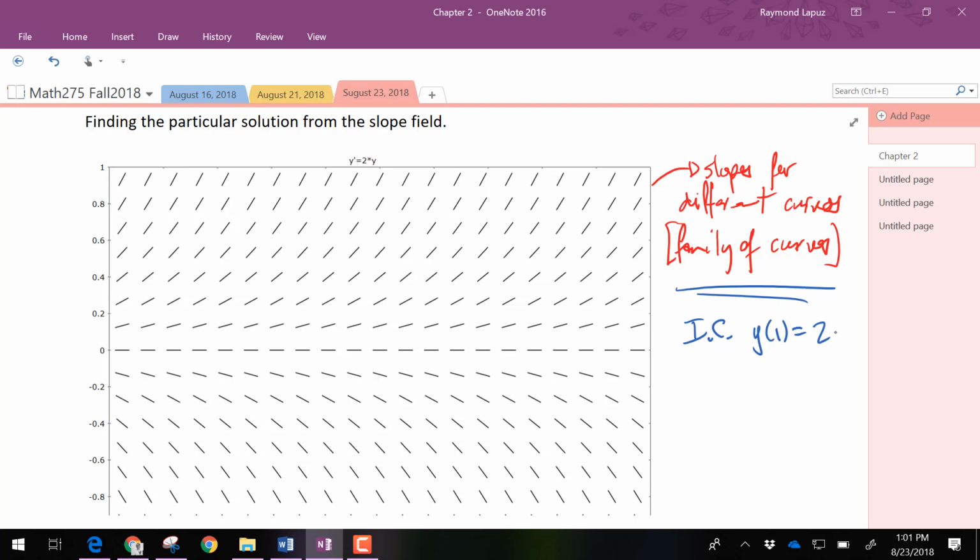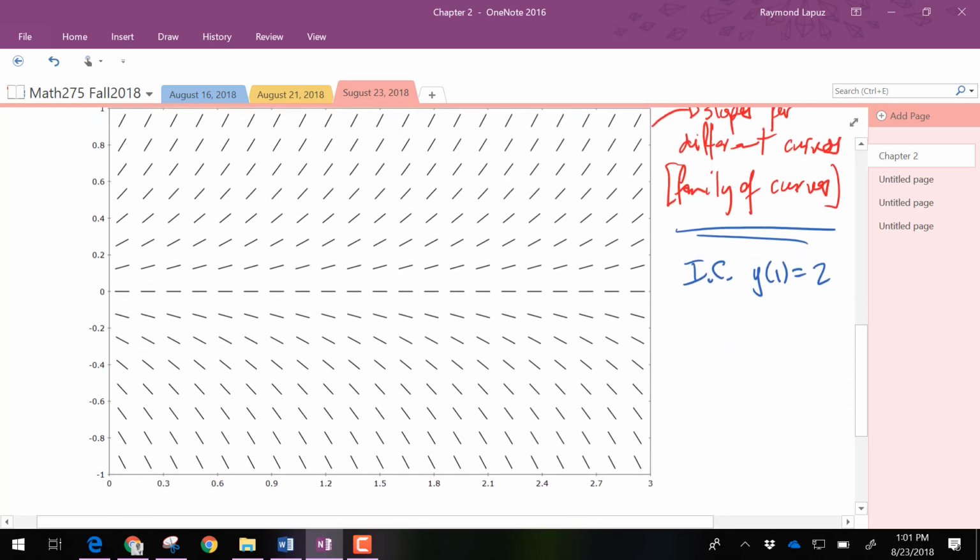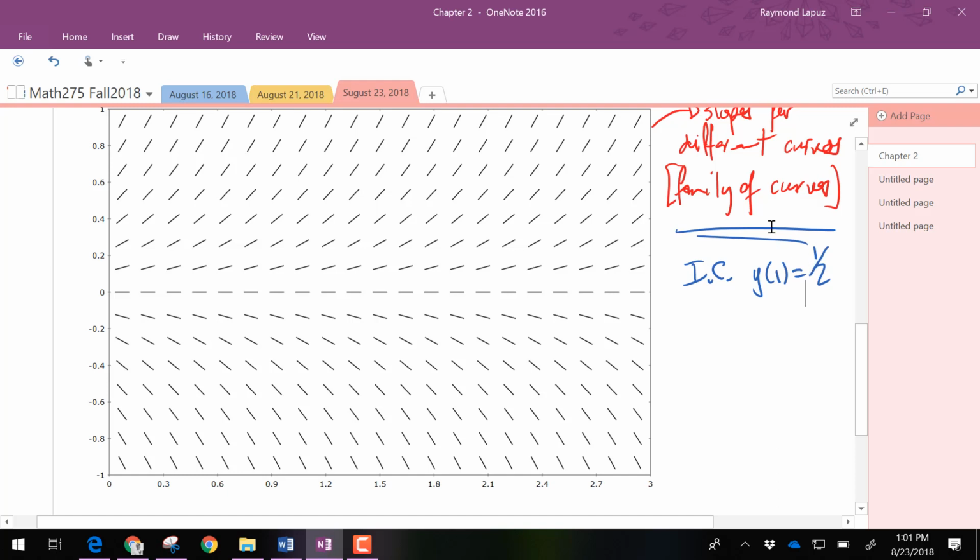Can we just say 1/2? So when we say that we have an initial condition, then we're guaranteed existence and uniqueness. You're guaranteed that you'll find a solution and your solution will be unique.